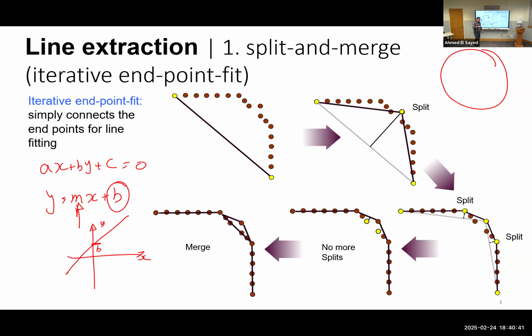Actually, this task is not easy. It's an exhaustive task. Why? First, the points will never be aligned, so you will never have a perfect line. Second, the points usually have noise.